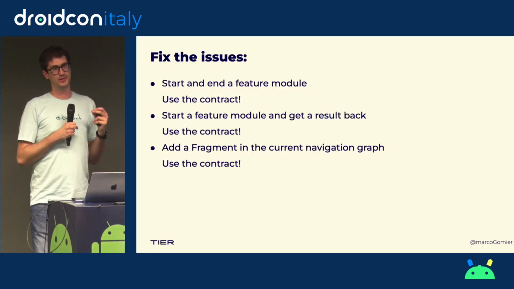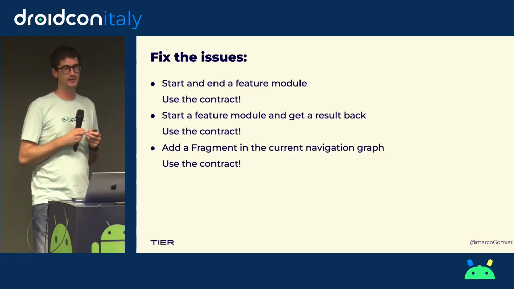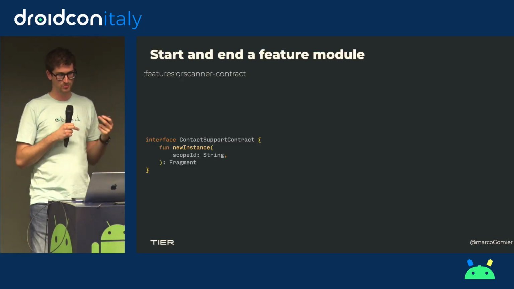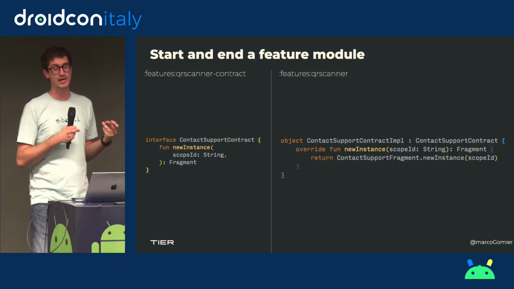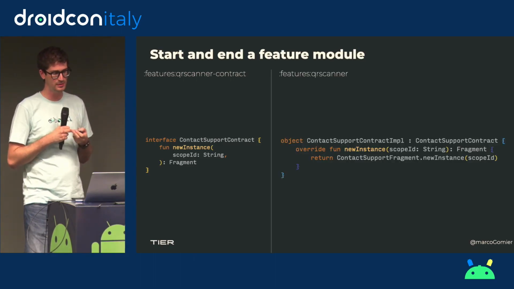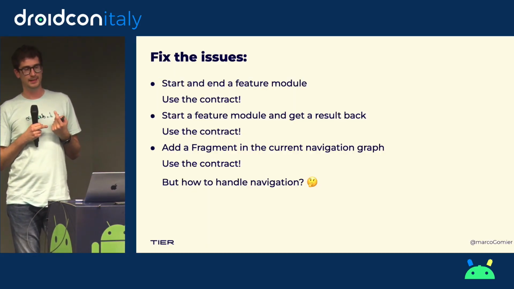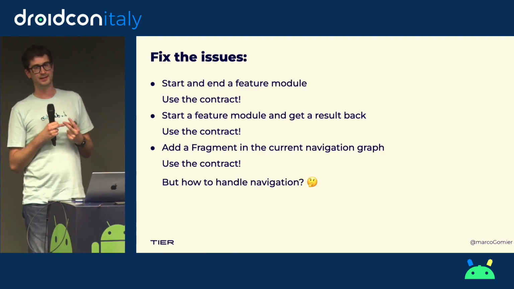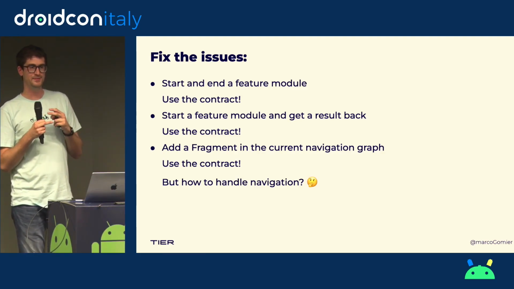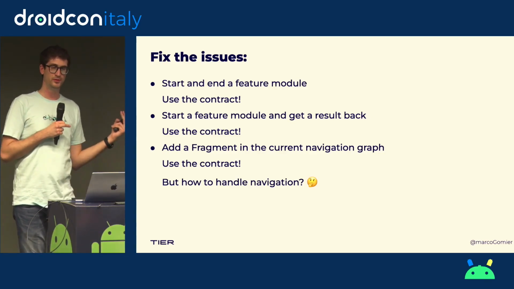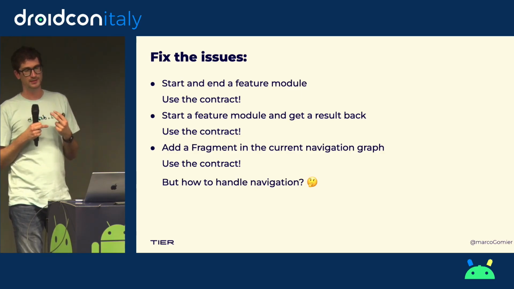And finally, for the last step, adding a fragment in the existing flow, we can again use the contract, because we can have a function that simply returns the fragment that we want, a new instance of the fragment that we want. But the problem is that you return an instance of that fragment, but the fragment could behave differently in its own feature, or in the feature where we are importing it.